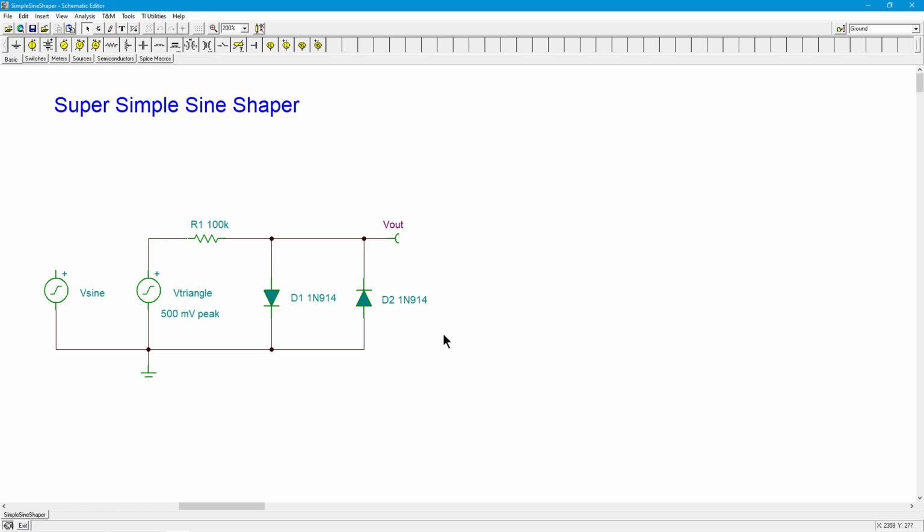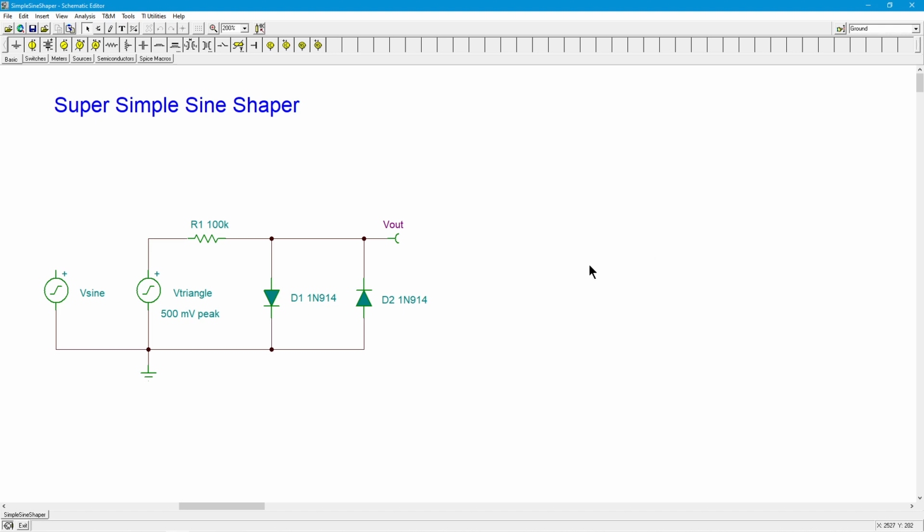So if you think of this triangle wave, with nice straight sides, that keeps dying off as the amplitude increases, we can approximate a sine wave.